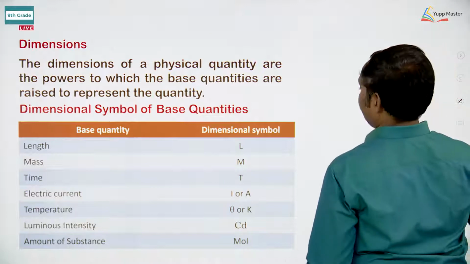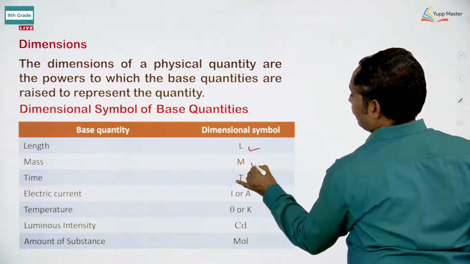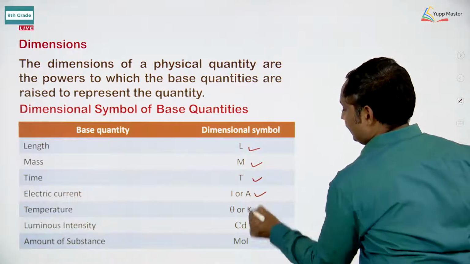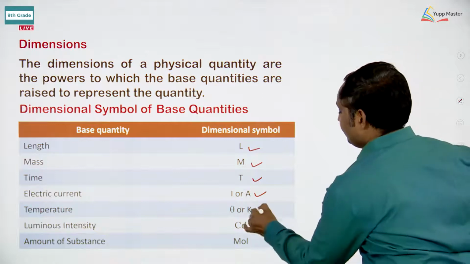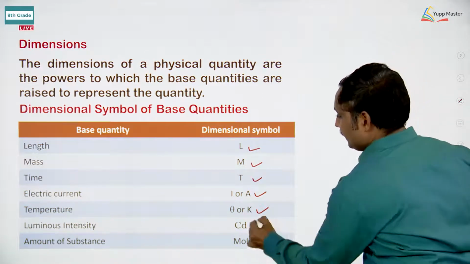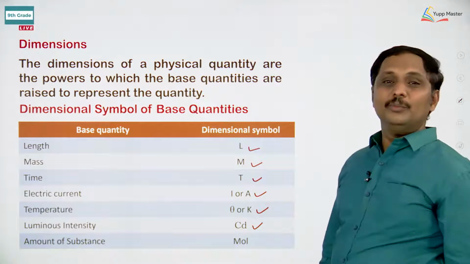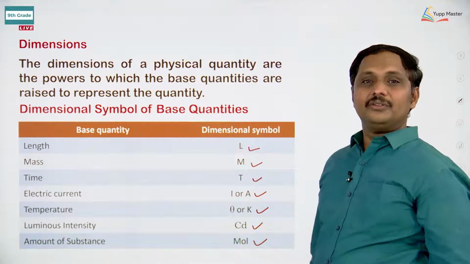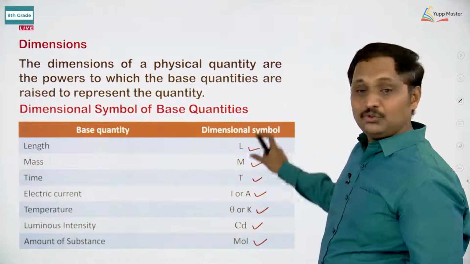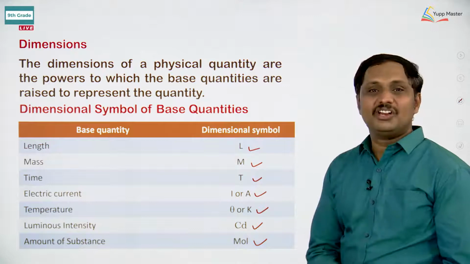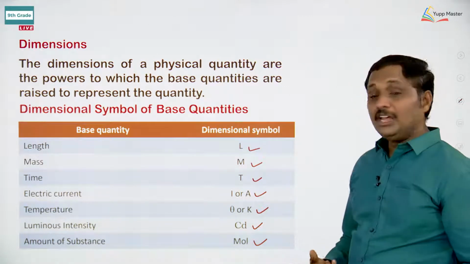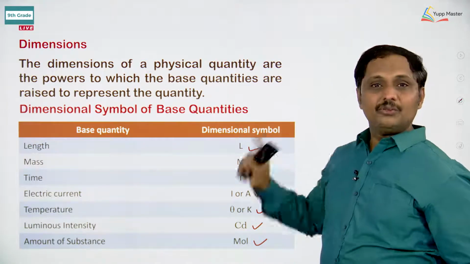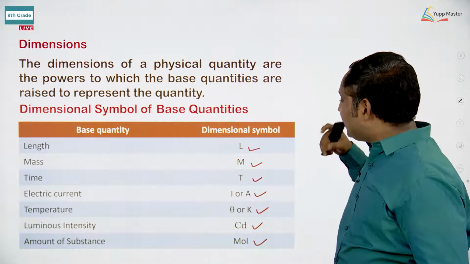Now you can take length, mass, time, electric current, then theta for temperature, candela for luminous intensity, and the symbol for amount of substance. These are all going to be dimensional symbols. We can easily identify that. If there is any formula which is related to all these dimensional quantities, now we can frame that.